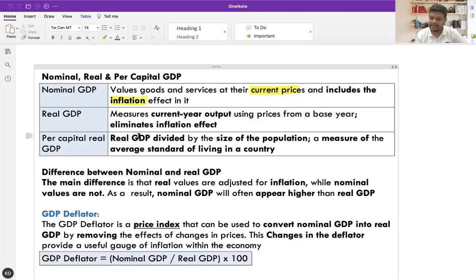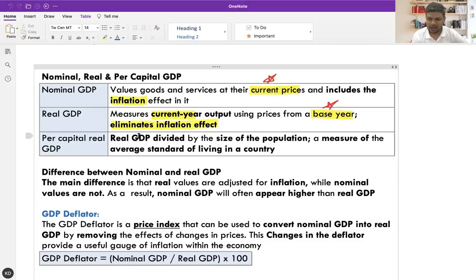On the other end, real GDP measures the current year output using the prices at the base year. So I'm going to use the previous prices, not today's price. Very important. Nominal GDP uses current price, which does include inflation. Real GDP uses prices from the base year, and therefore it eliminates the inflation effect.